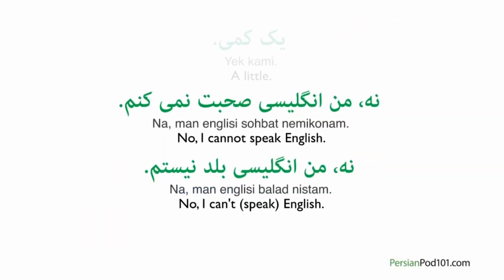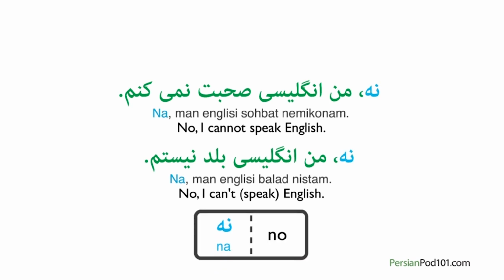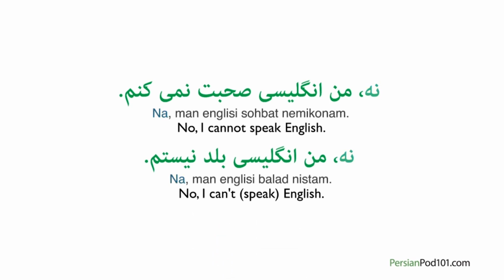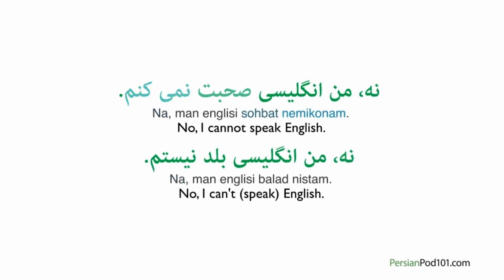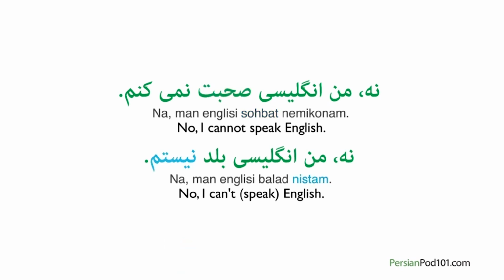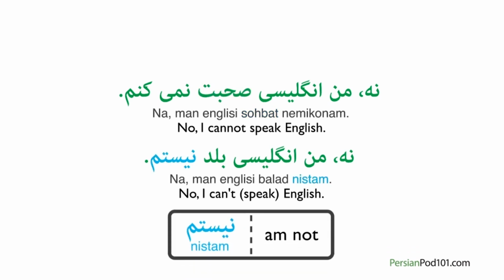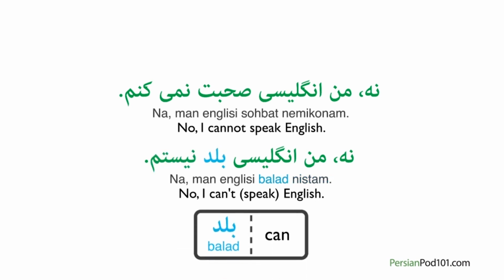Since this last example is a negative reply to a yes or no question, we need to say no at the beginning of the sentence. We also said nemikonam, meaning don't, after the verb sohbet, meaning talk or speak. Or nistam, meaning am not, after the verb balad, meaning can.